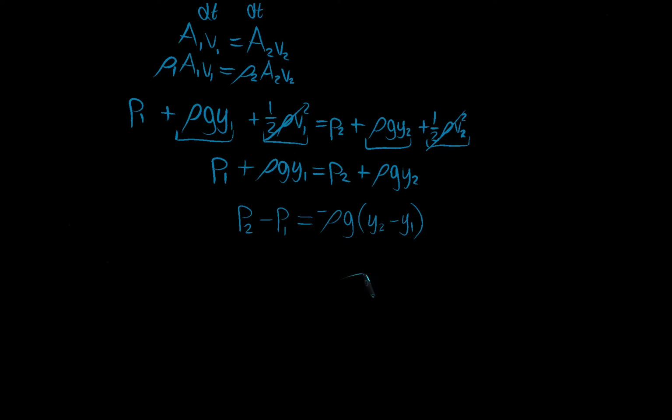And if we take point 2 to be the surface of a liquid, talking about some container that has water in it, so this is y2, and some depth that we're interested in to be y1, then it simplifies even further.